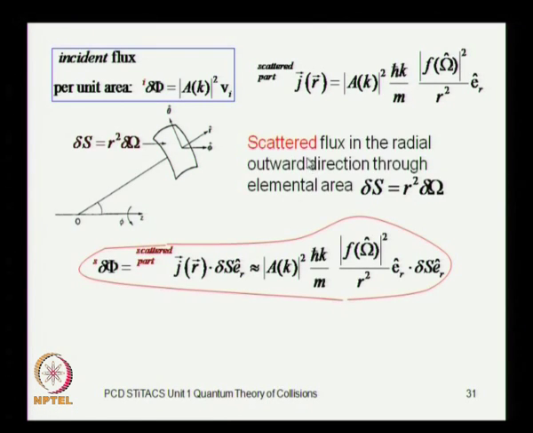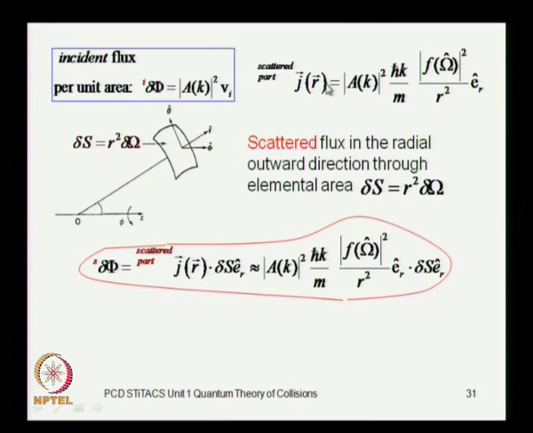So, the scattered flux through this elemental area, so this is the scattered direction. This elemental area subtends a solid angle delta omega at the center. We have used these figures earlier also in our previous class. So, this surface delta S subtends a solid angle delta omega at the center. So, this delta S is r square delta omega.